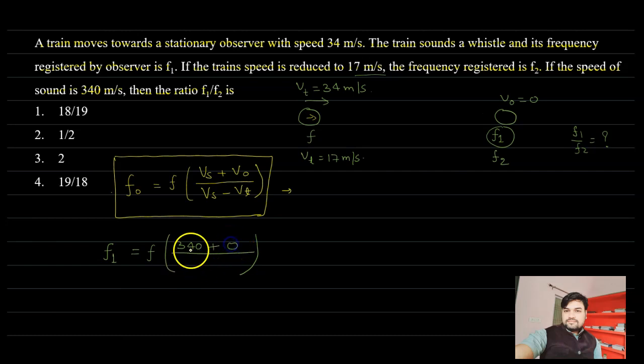Now velocity of sound is 340 minus velocity of train, which in this case is 34 meter per second.